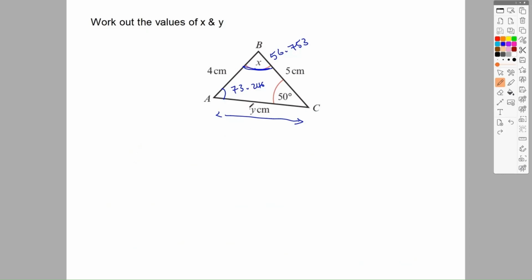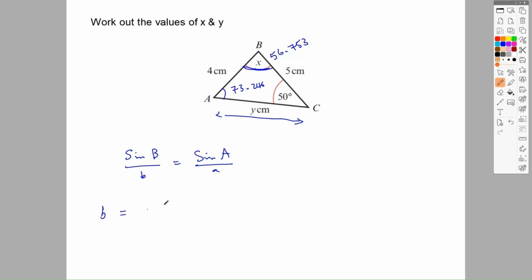So now we need to find the value of y, the length of AC, or the b side. To do this, we can use either the cosine or the sine rule. I will stick with the sine rule in this example. So sine B over b equals sine A over a. So now let's rearrange the equation.